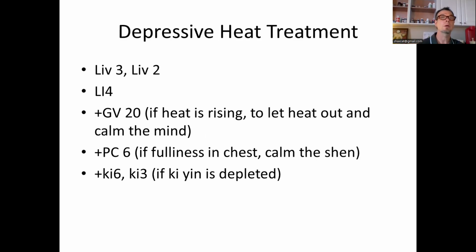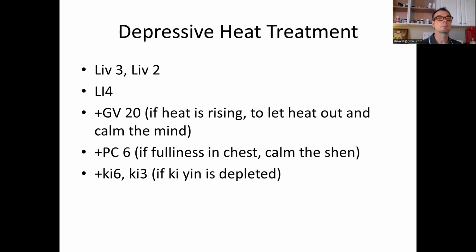So what can we do about the depressive heat? Liver 3 and large intestine 4 are a combination we've talked about before that can be beneficial for moving energy around and regulating the liver. Liver 2 is also a good liver point to help control the heat.